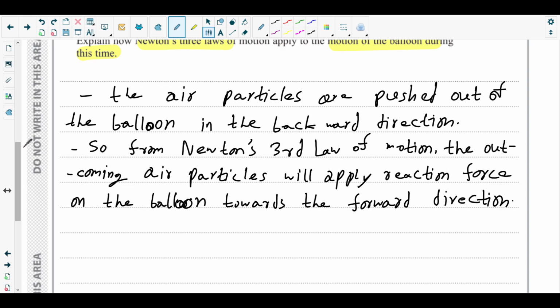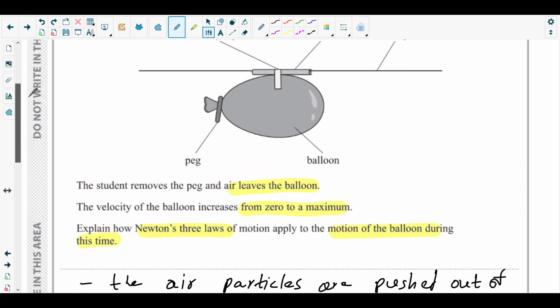Next, what happens next? There is a forward reaction force acting on the balloon in the forward direction. Due to that force, what happens? This forward force is greater than the resistive force initially, right?